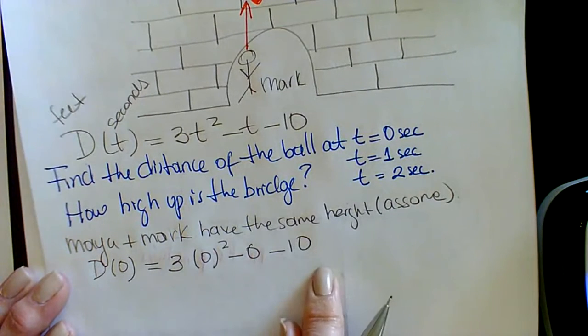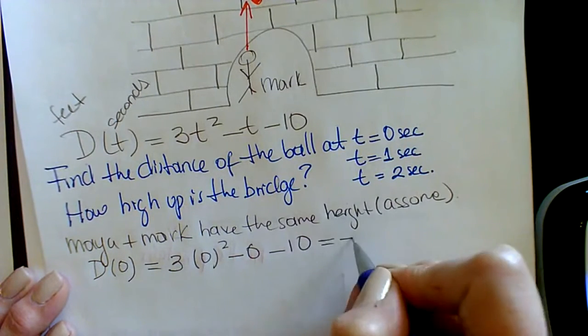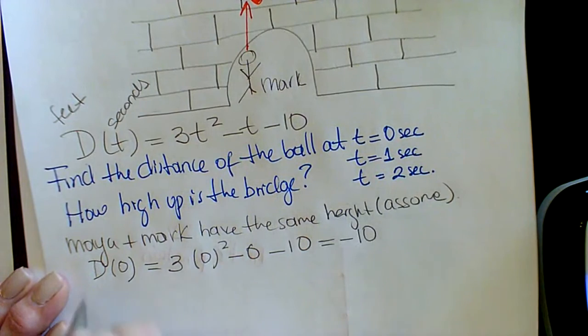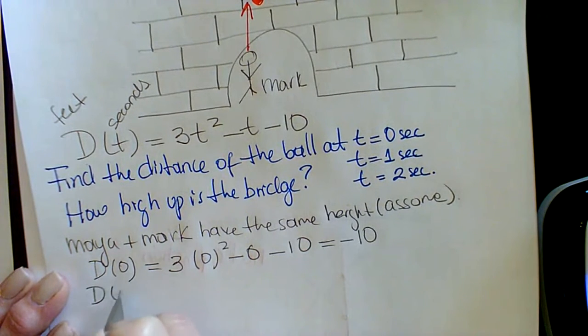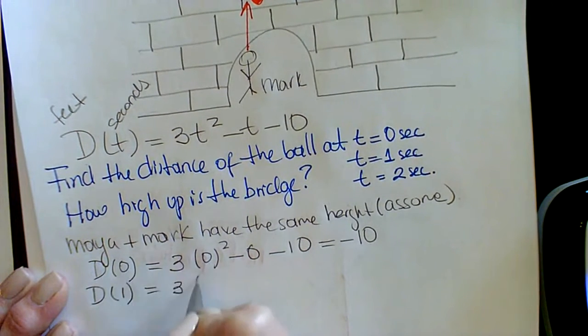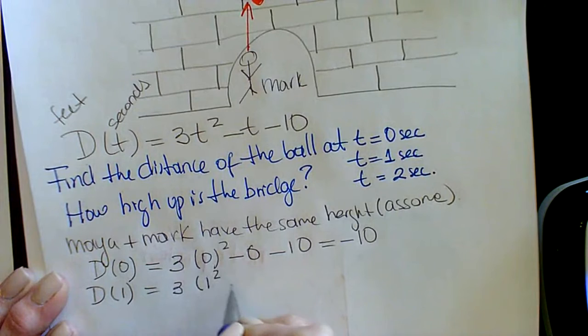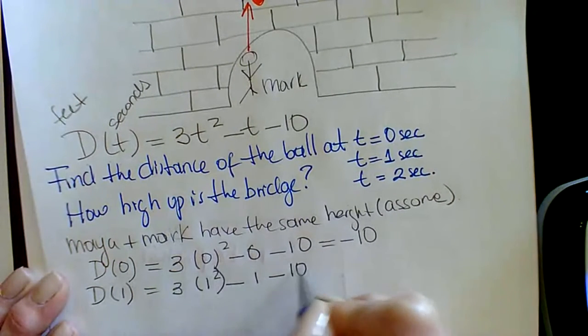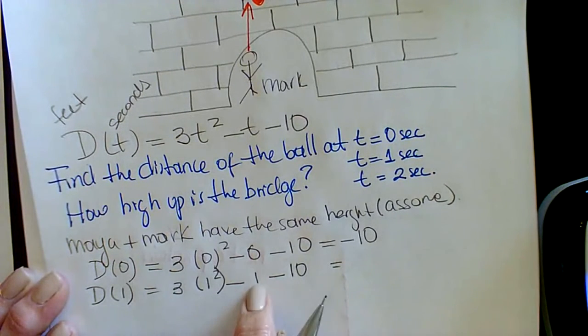So what do we get here? -10, right? The distance. Now, when the time is 1, 3 minus 1, sorry, is 2.